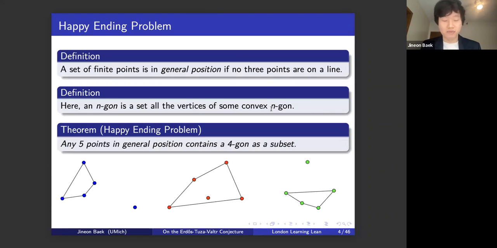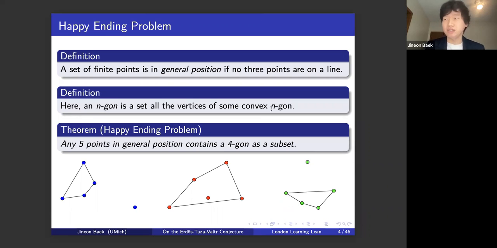So let me start off with this little theorem called the happy ending problem. To understand this theorem, you only need to know two definitions. First, a set of points is in general position if there are no 3 points on a single line.